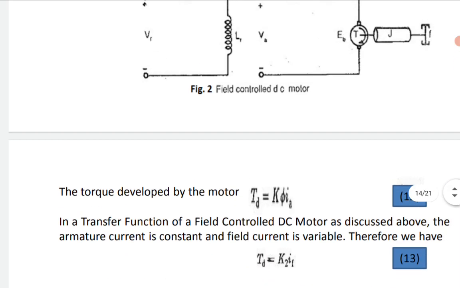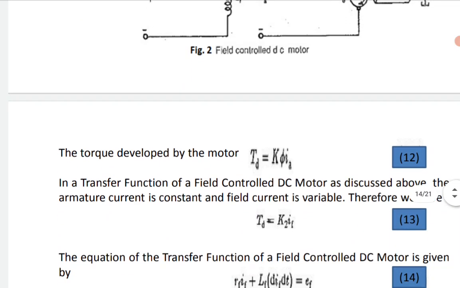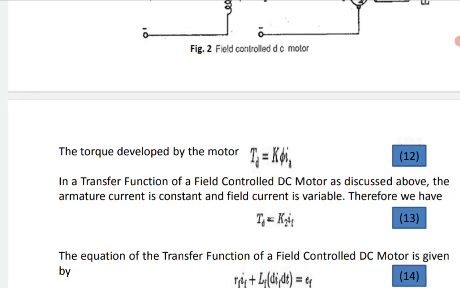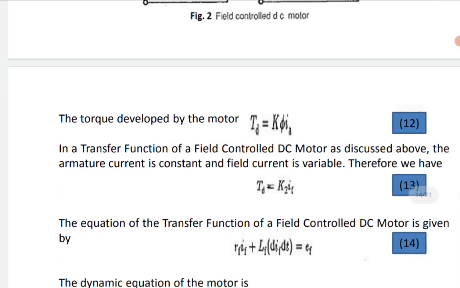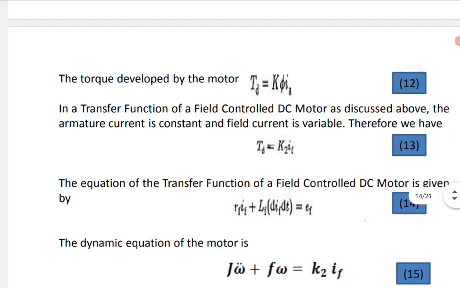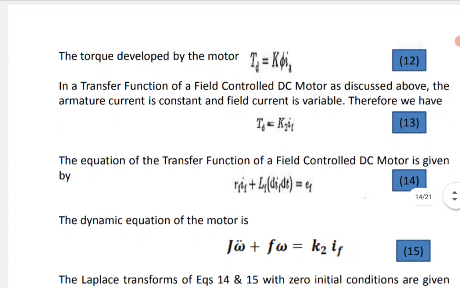The torque developed by the rotating motor, Td, is equal to K into phi into IA. Keep in mind here IA is remaining constant, whereas previously phi was remaining constant. So in the transfer function of a field control DC motor, we can rewrite the above as, we know phi is equal to Kf into If.